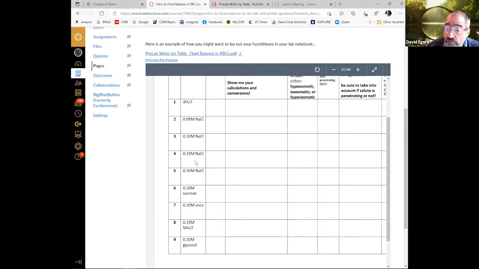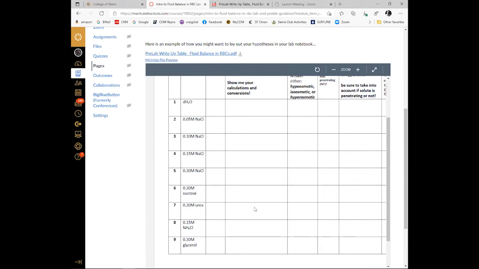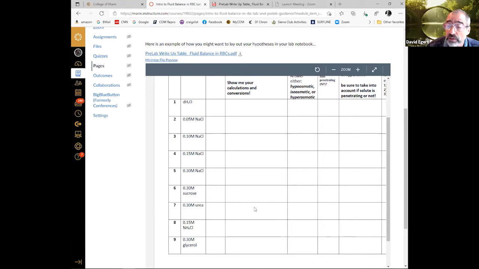We have different concentrations of our solutes. And what's the other thing that is changing? Penetrating and non-penetrating, yeah, just the types of solutes themselves. So we have two independent variables. One is different kinds of solutes, and then among those solutes, different concentrations.